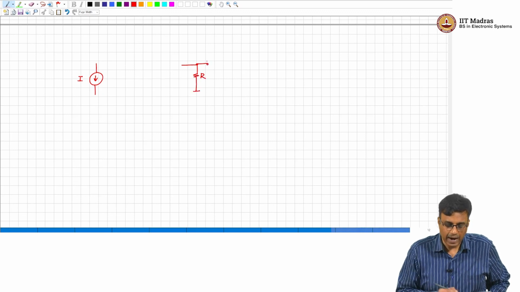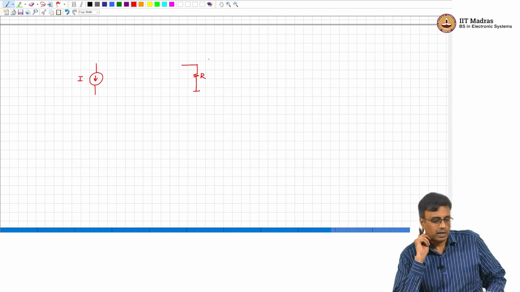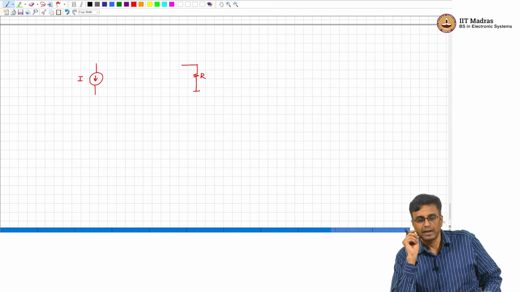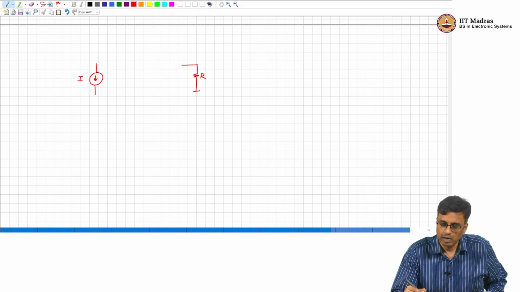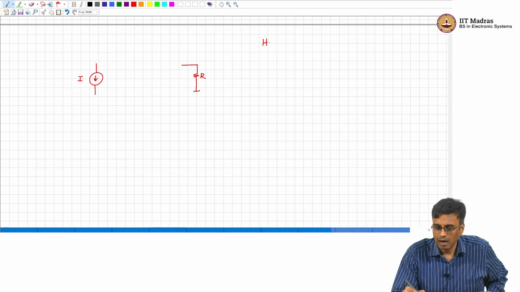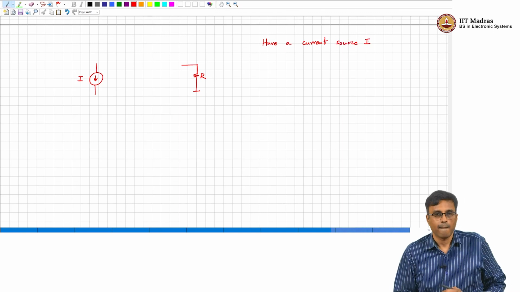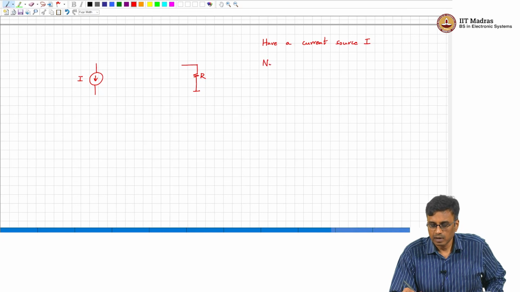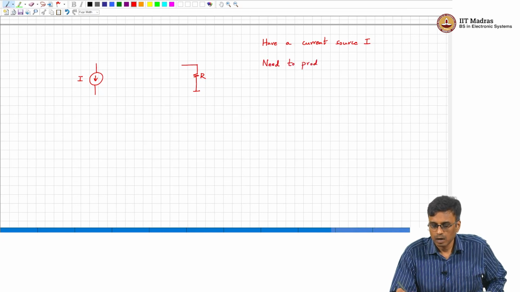I need a voltage I times R. So, I have a current source I, need to produce a voltage I times R.